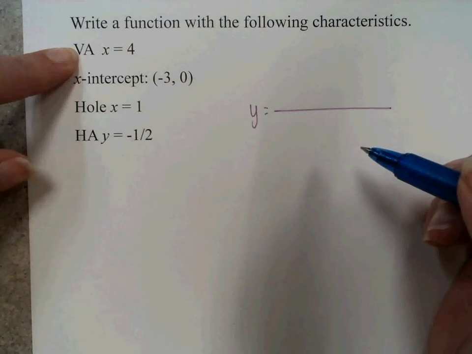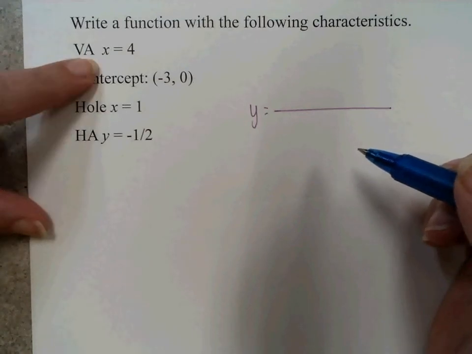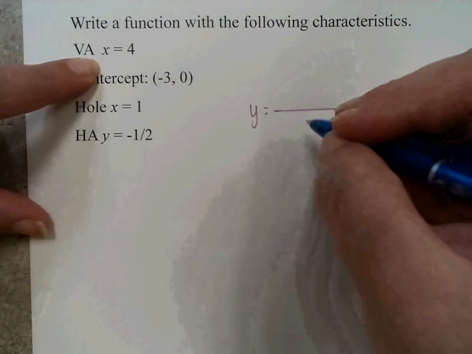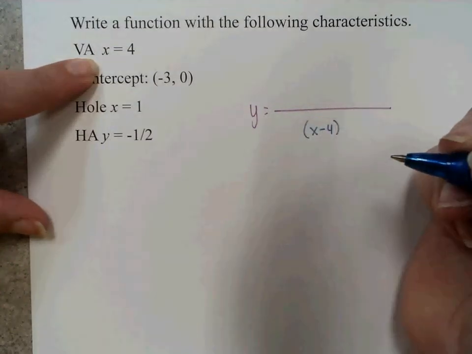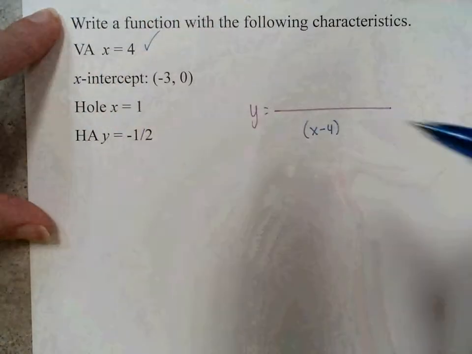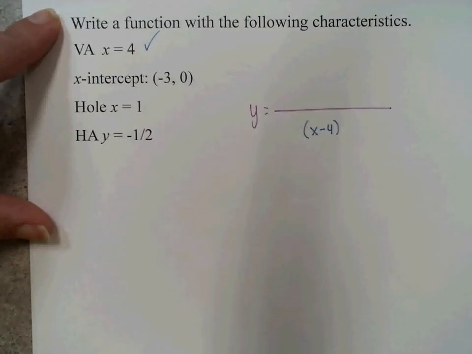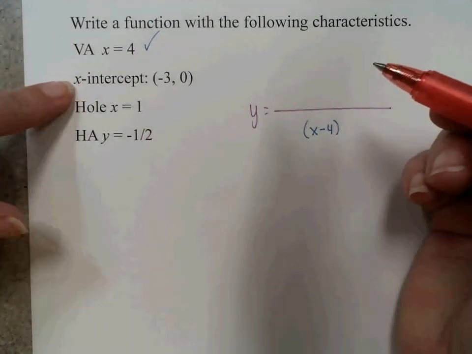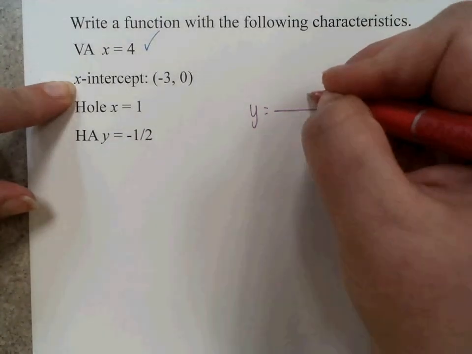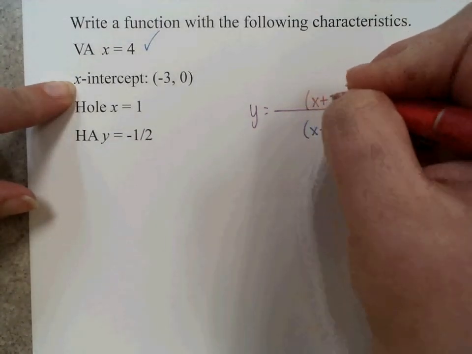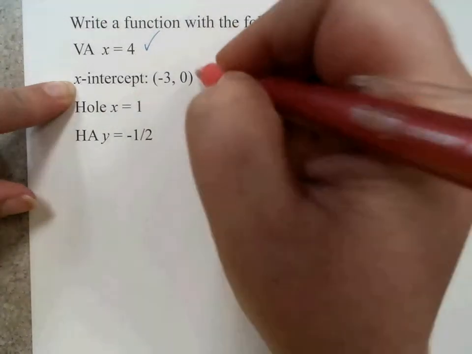All right. So for the vertical asymptote, I know that in order for there to be a vertical asymptote at 4, there needs to be a factor x minus 4 in the denominator and not in the numerator, or at least more of them in the denominator than the numerator. X-intercept at negative 3, 0, I need there to be a factor x plus 3 in the numerator and not the denominator.